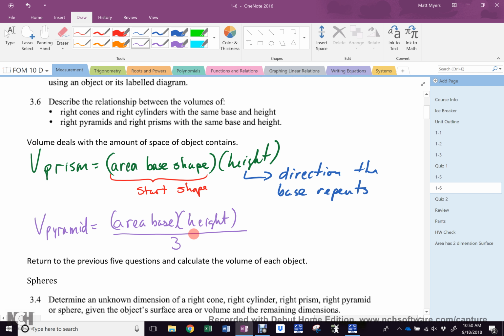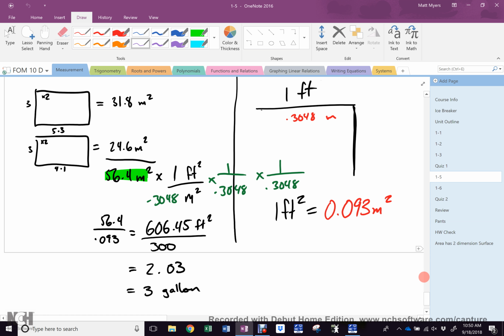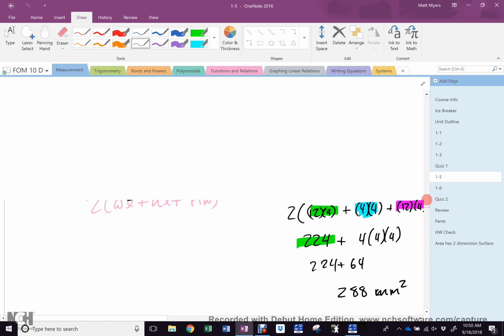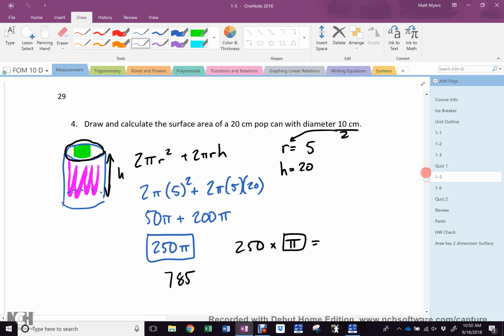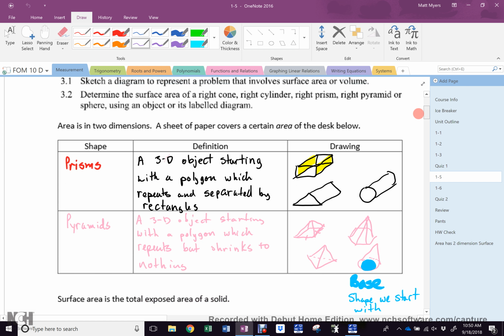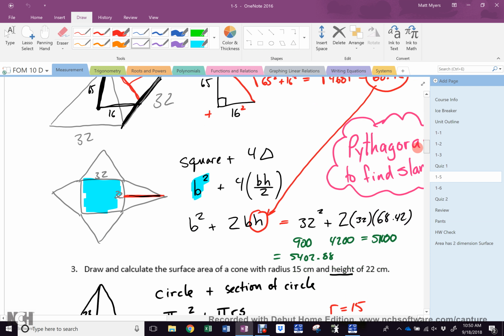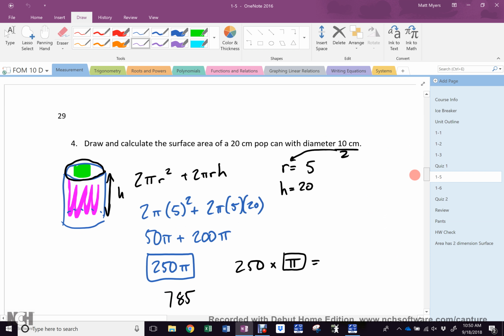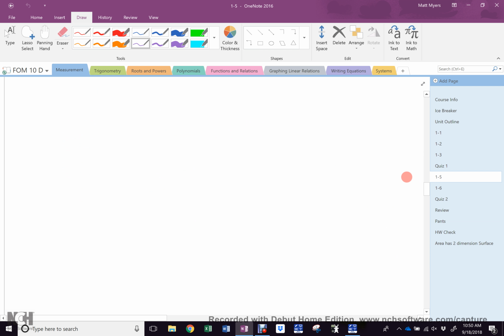Now, your job for homework tonight, you have 5 minutes, you can start on it right now, is to go back to page 27 and find all the volumes up to 29. So you need volumes of page 27 to 29. That's the first bit of your homework.